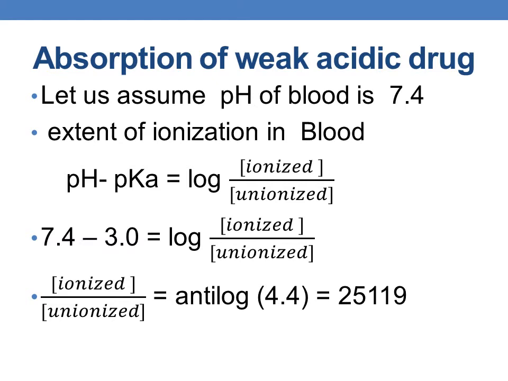So we get the value as 25,190. So most of the drug will be in the ionized form at the pH of blood. So the salicylic acid will be mostly in the ionized form in the blood compartment.